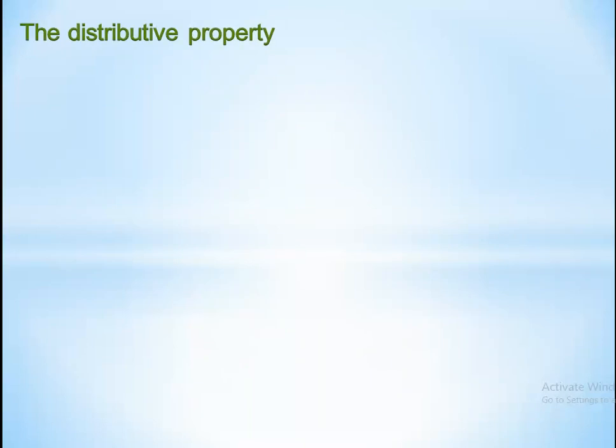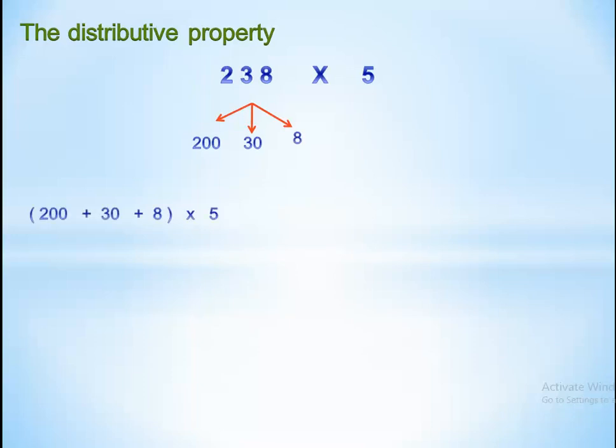The distributive property. If we have a number like 238 times 5, we must decompose the number. Let's decompose. It will be 200 plus 30 plus 8, so it will be 200 plus 30 plus 8 times 5.